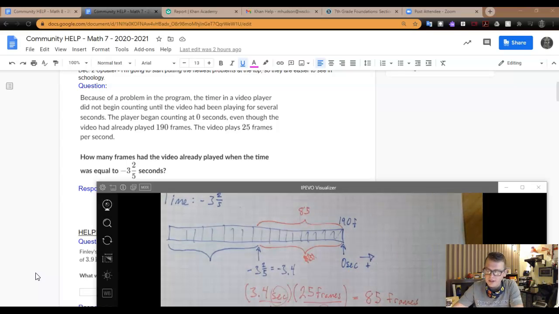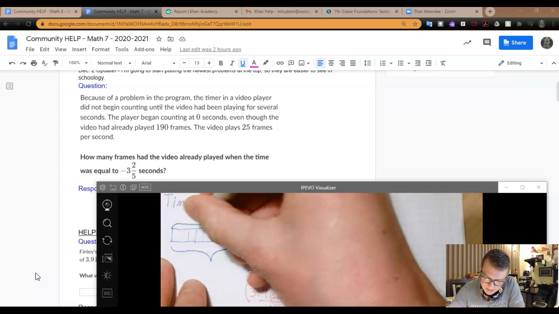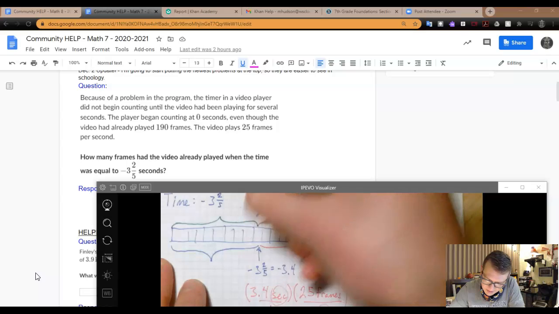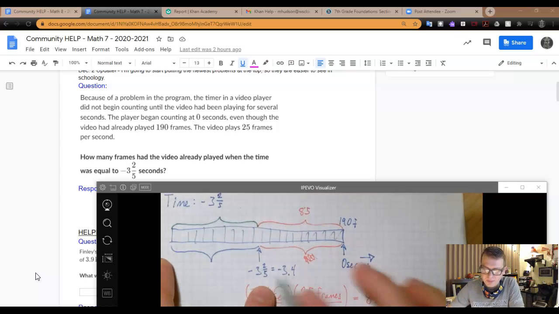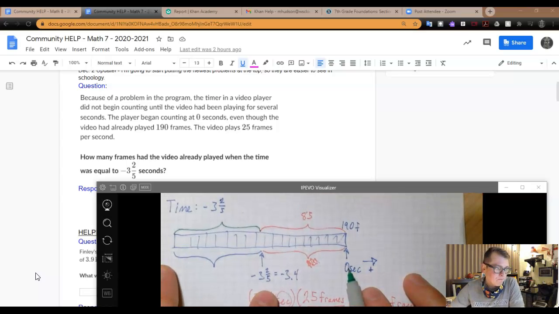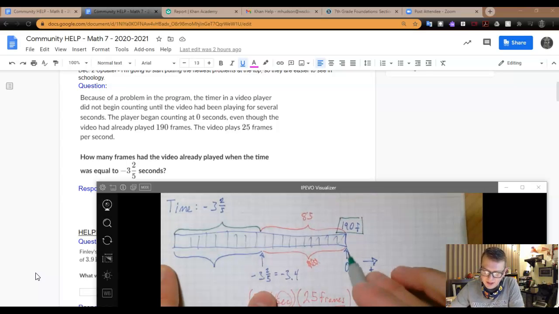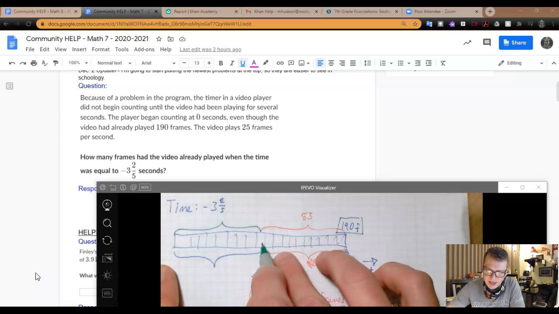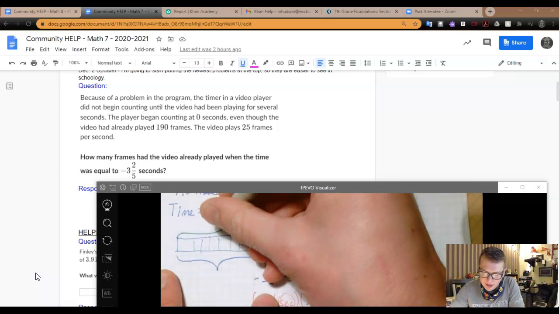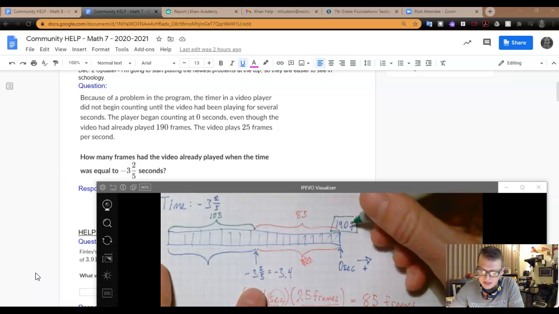So how many frames were out here before that timestamp of 3.4 seconds before the 0? Well, if we know that there are 190 frames at this point, and we went 85 frames backwards, then to find the amount of frames left we would do subtraction, right?